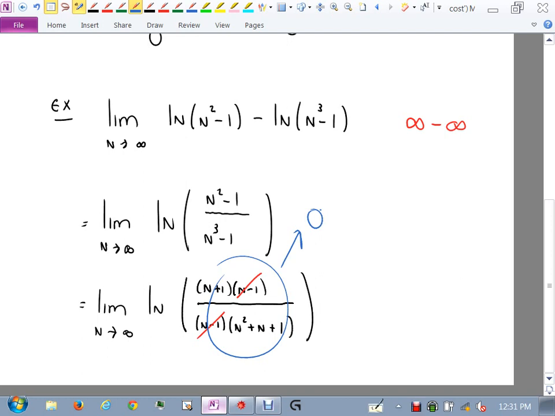This is getting closer to 0. So what's happening in the natural log as we get closer to 0? It's going to negative infinity, which means that this sequence diverges. This is a divergent sequence. Therefore, divergence.